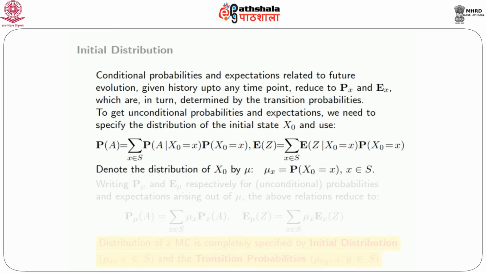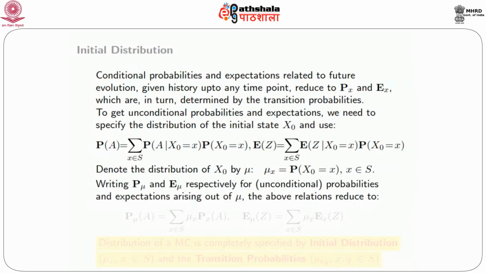expectations. It's clear that once you know the distribution of x0, you can find those unconditional probabilities or unconditional expectations by that formula. If you denote the distribution of x0 by mu, by that I mean mu sub x is the probability that x0 equals x.